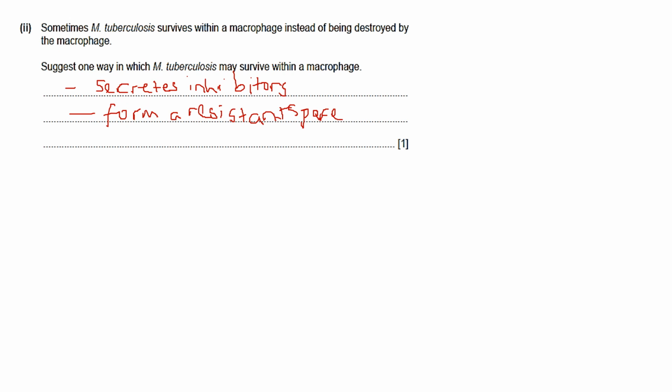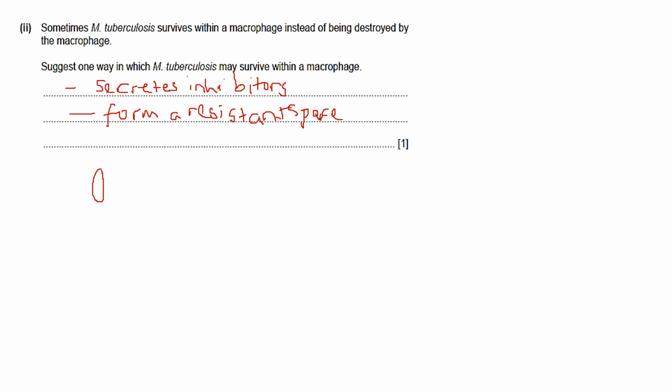But we spoke about how when you have a seed of a plant, the seed is in a dormant state, right? So if, for example, you're given seeds for tomatoes, those seeds stay that way until you put them into soil and you nourish them with some water, and so they start to take in water, and once they take in water, they start to break down whatever starch or carbohydrate they have within them and start to germinate to form the plant. A resistant spore is something like that.